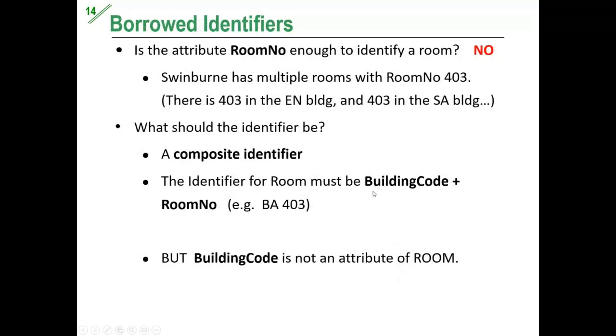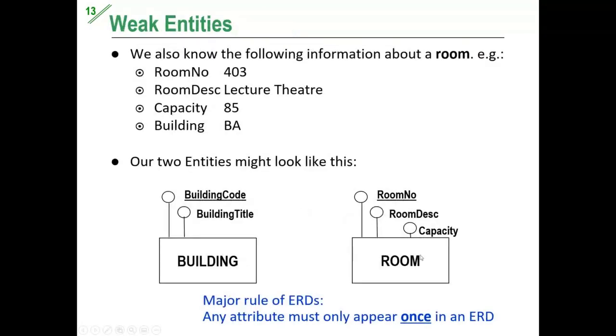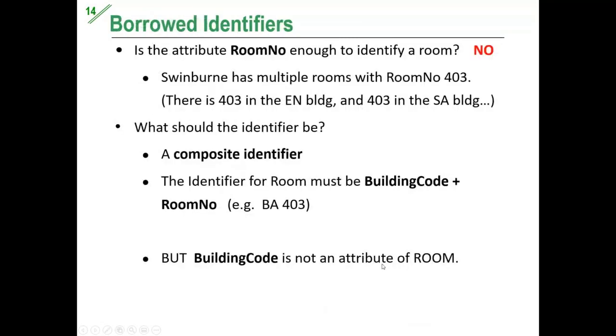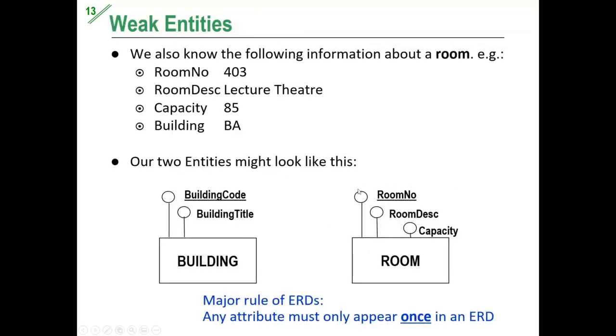So building code plus the room number would be the best primary key, for example BA403 or EN403 or something else. Because we have multiple room numbers, it must be a composite identifier for the room. So we are borrowing part of the identifier, not the whole lot, because we have one part here, and the other part we can borrow from the other side.